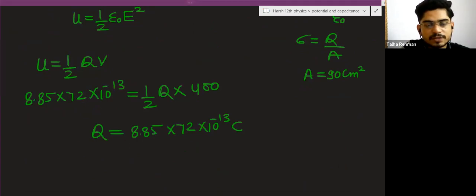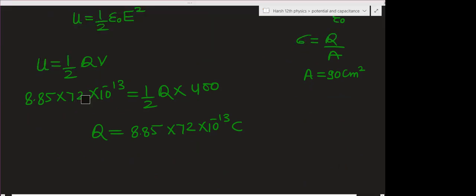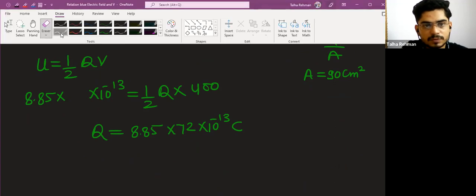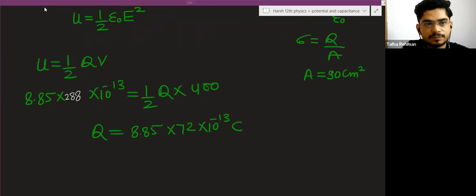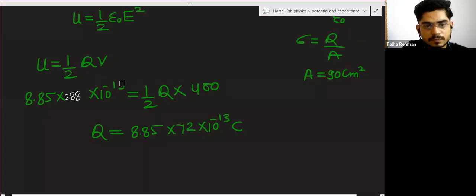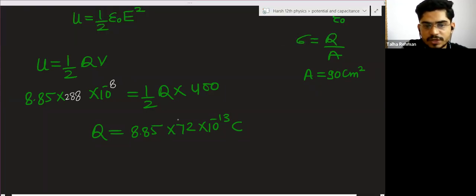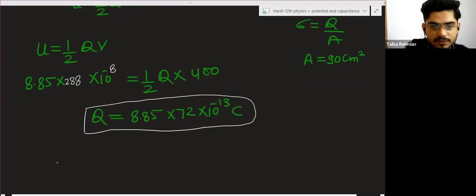We have to put the energy here, 8.85 into 288 into 10 to the power minus 8, and Q comes out to be this.